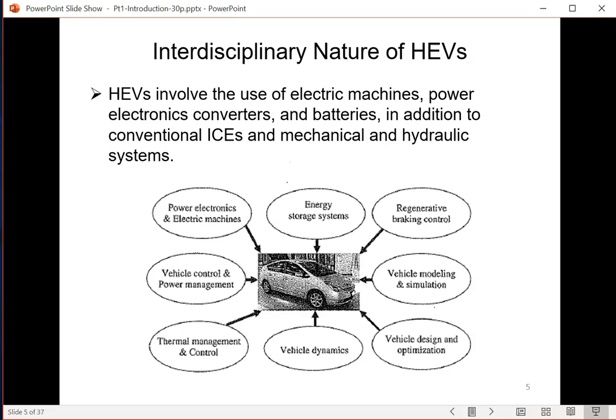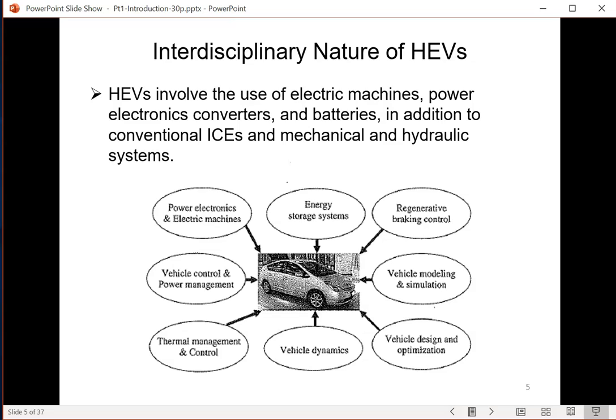Now, unlike conventional internal combustion engine vehicles, hybrid electric vehicles can sometimes be a lot more complex, and they go beyond the scope of traditional IC-based vehicles.